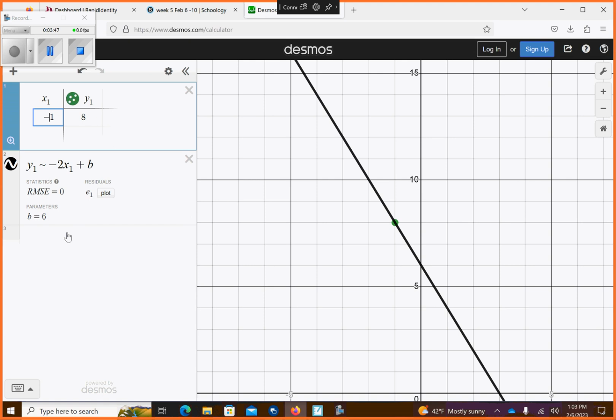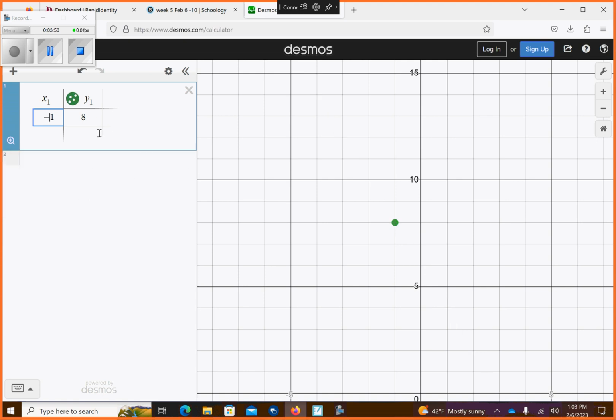That's okay, I think. And then the next problem, they want us to plot the point and figure out the equation that goes through these two. So I have 1 and 2, and then I have 0 and -5.